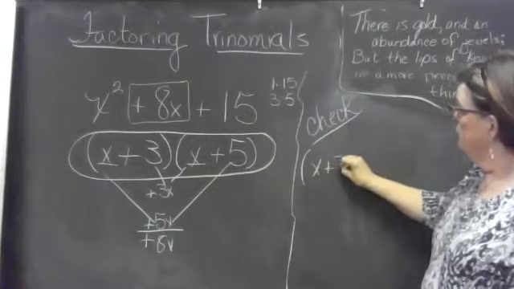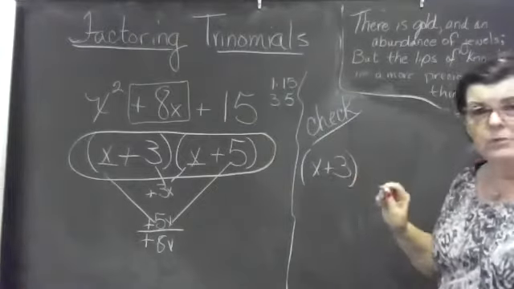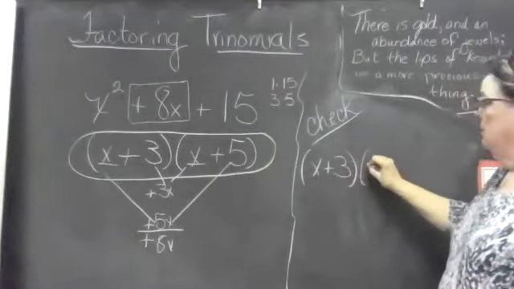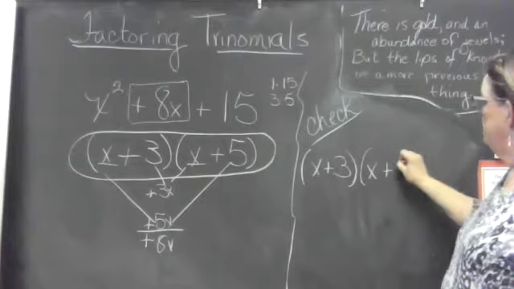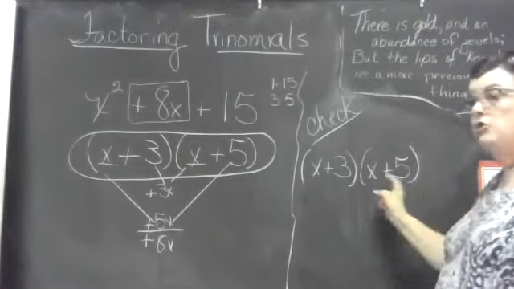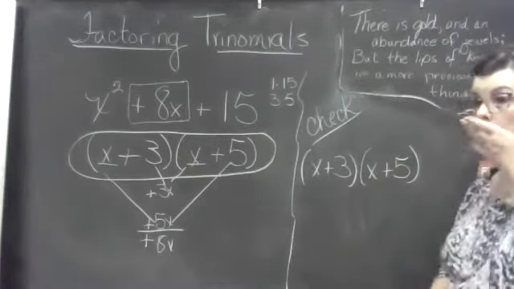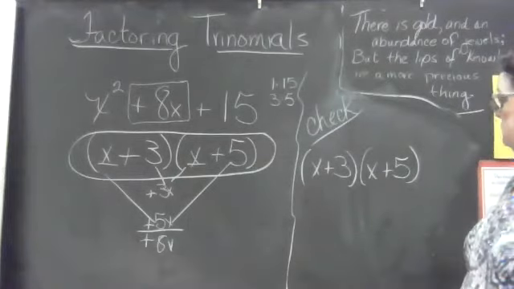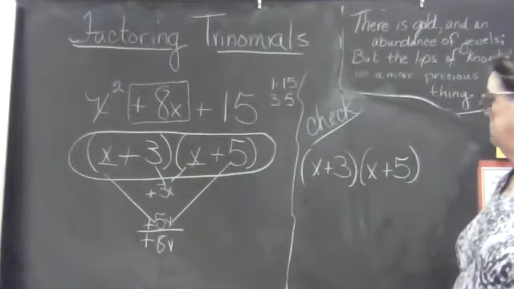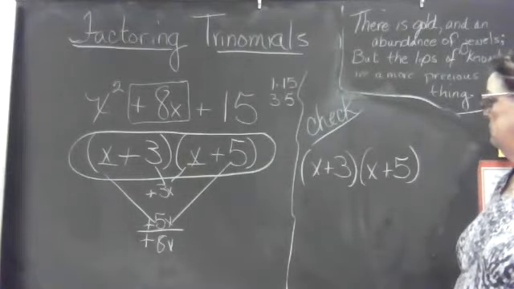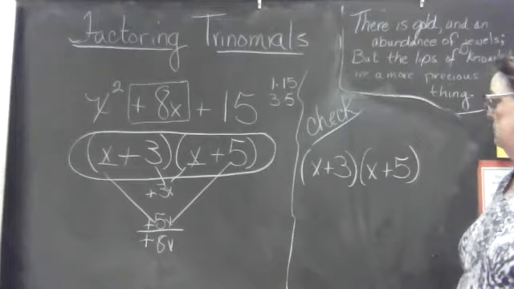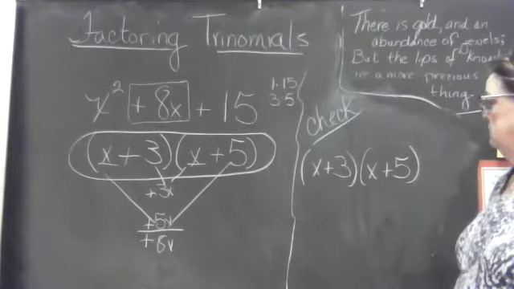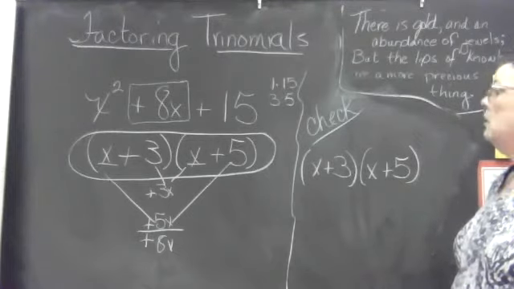So my answer was x plus 3, times x plus 5. Yeah, this was another thing that you were asking about. Because what I was doing is if it was positive, since it's positive 3, I would add the 5, get 8, and that would be my first one, and then I would multiply 3 times 5, which would give me my other number, and I was getting it right for the most part.